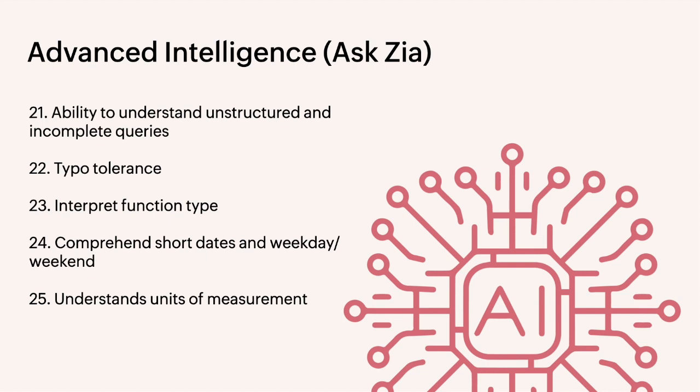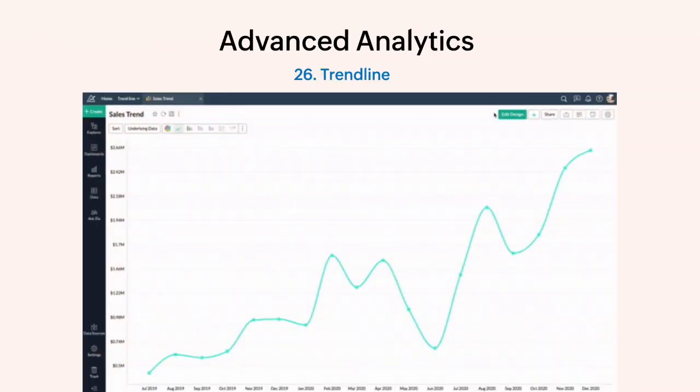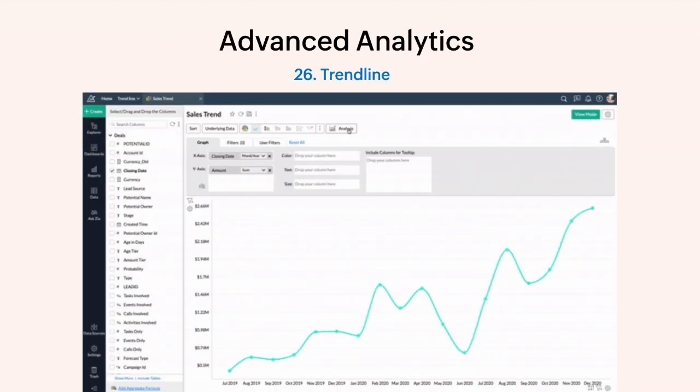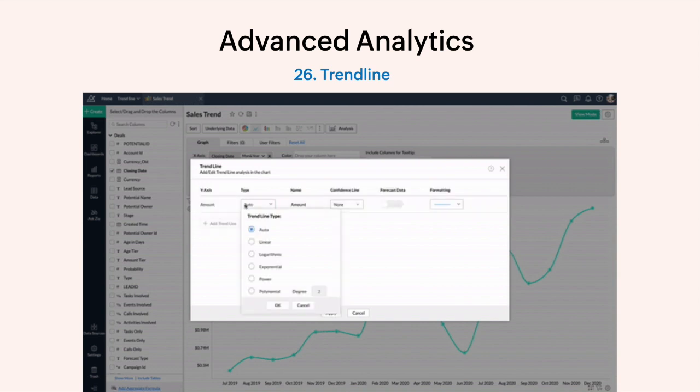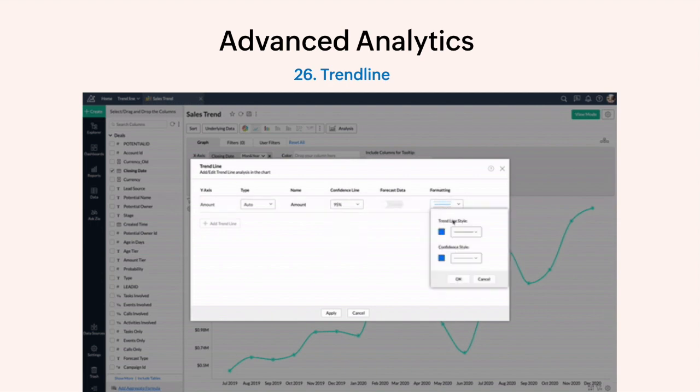All right, with this advanced intelligence built into the platform, we are now going to get to advanced analytics, and that's on Trendline. You can see a chart here on the screen which has too many valleys and too many peaks. It's practically difficult to understand the trend in this data set because of the fluctuating nature of the data across months.